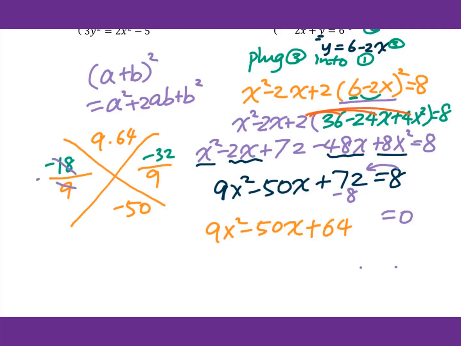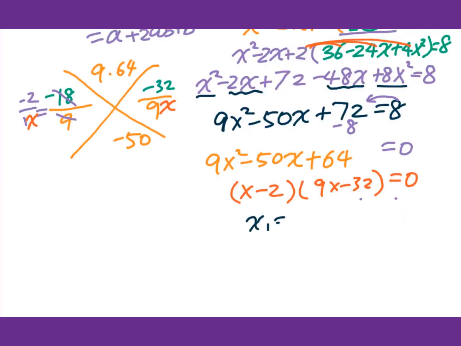So reduce, you get negative 2 over 1. Put the x here. Factor that will be x minus 2, 9x minus 32 equal to 0. So we get x1 equals 2, x2 equals 32 over 9.